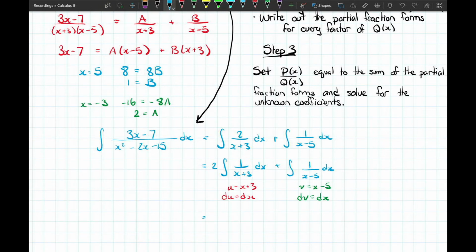I'll skip a couple of steps here and just say that in the end we get 2 times the natural logarithm of u, which is x plus 3, plus the natural logarithm of v, which becomes x minus 5 when we plug that back in. Since this is an indefinite integral, we're not going to evaluate from x equals a to x equals b, but we have to remember to add the arbitrary constant plus C.